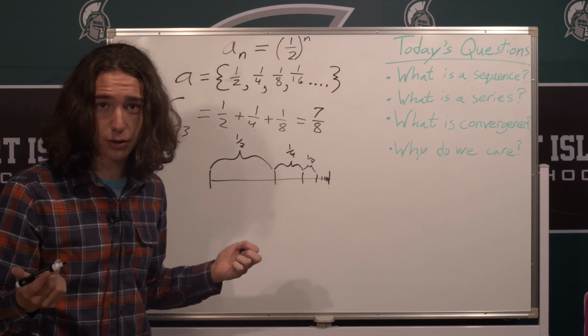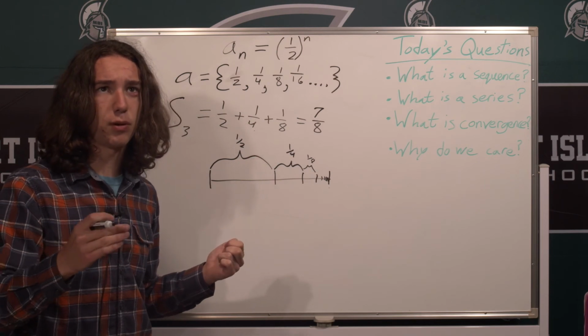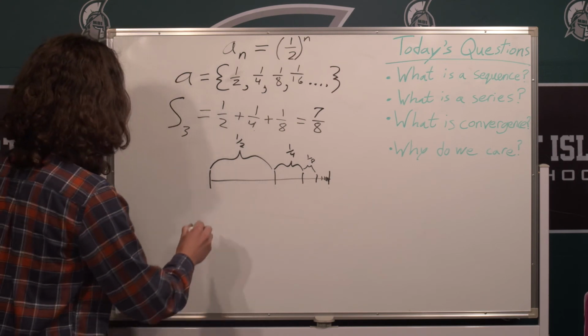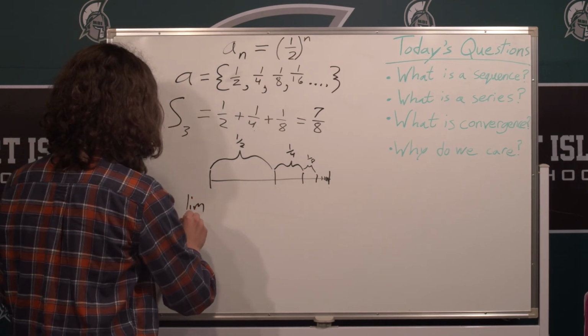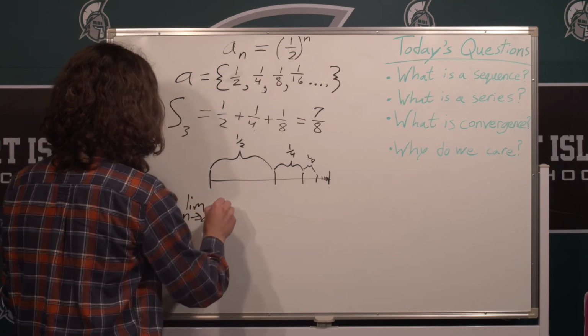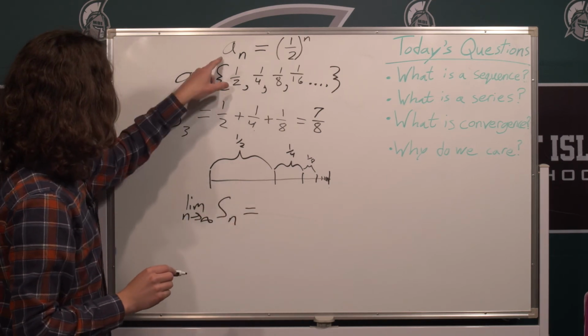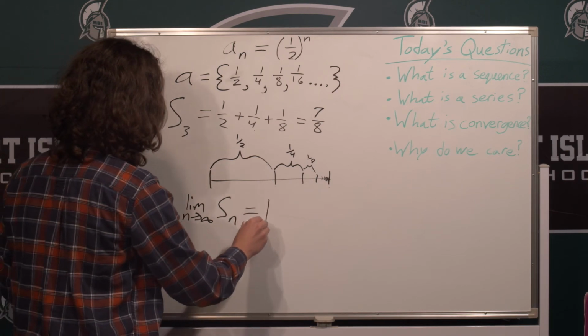And so in math talk, we're saying if you approach but never quite reach something, the limit as n approaches infinity of s sub n, the little sums of a sub n, is 1.